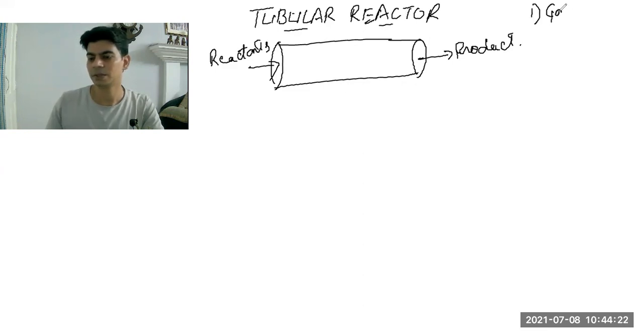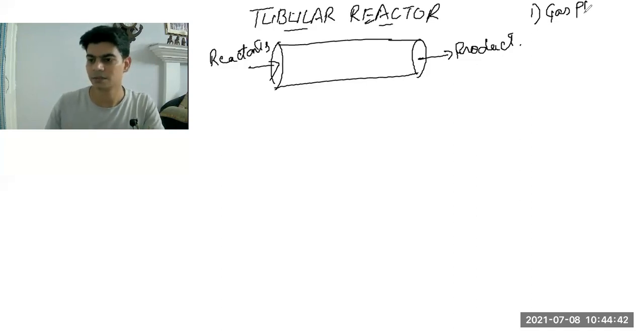First, remember, mainly gas phase reactions are done, but in this lecture we will be looking into liquid phase reactions and gas phase reactions. Mainly this is a flow reactor, so anything that can flow, gases and liquids, can be reacted in plug flow reactors or tubular reactors.